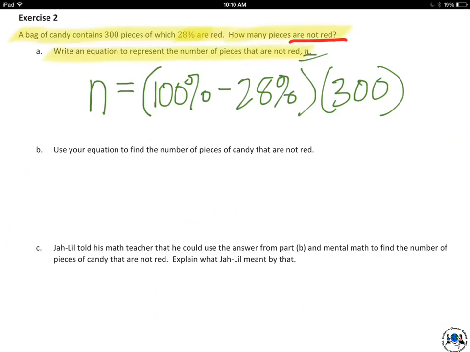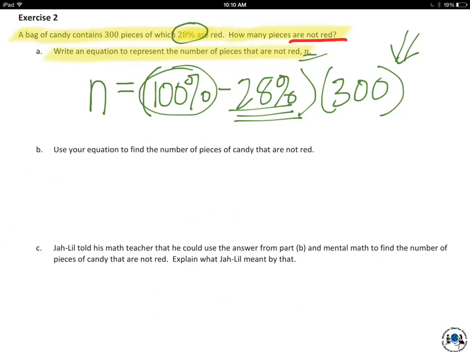Okay, so we have the 28% that are red, so we want to subtract those away from the 100%, which is actually equivalent to all of them, which represents all the pieces of candy. The number, of course, which is 300.